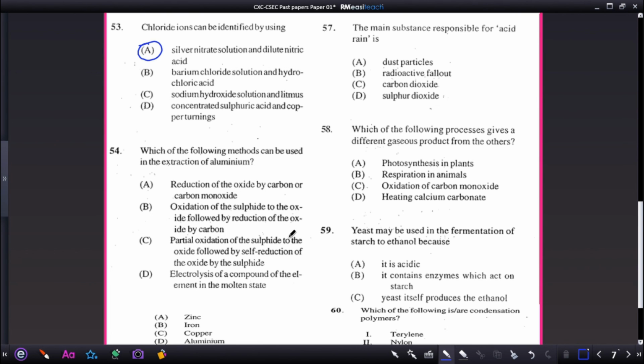Oxidation of sulfide to the oxide followed by reduction of the oxide by carbon. No. Partial oxidation of the sulfide to the oxide followed by self-reduction of the oxide and the sulfide. No. Electrolysis of a compound of the element in the molten state. So that's D.